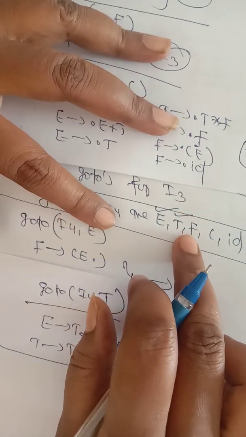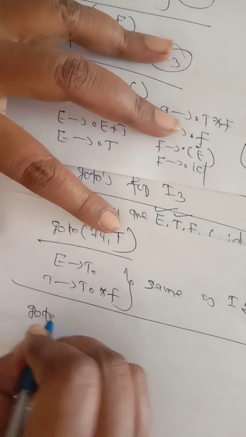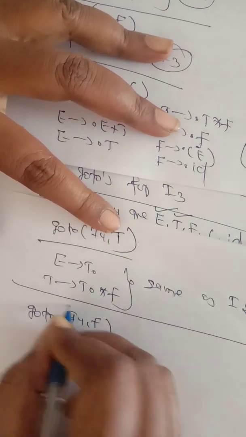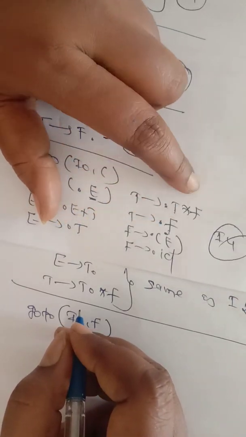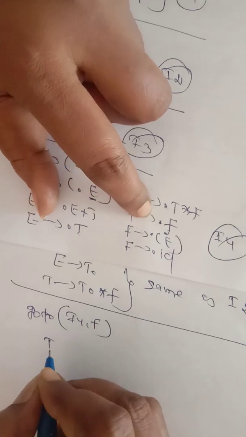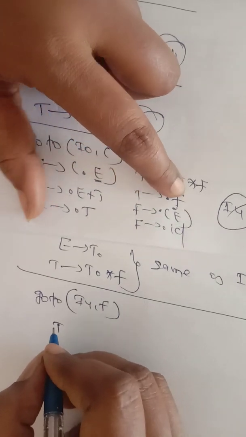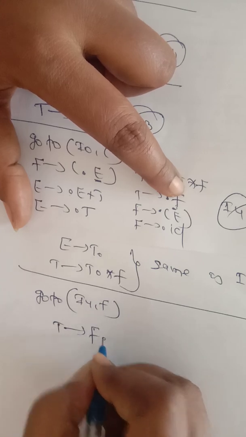Next we have to apply goto of I4 comma F. Goto I4 comma F. Okay, so where we are having F in I4 means only in one production, that is T comes to T dot F. Okay, so apply goto, what's the answer? T comes to F dot.